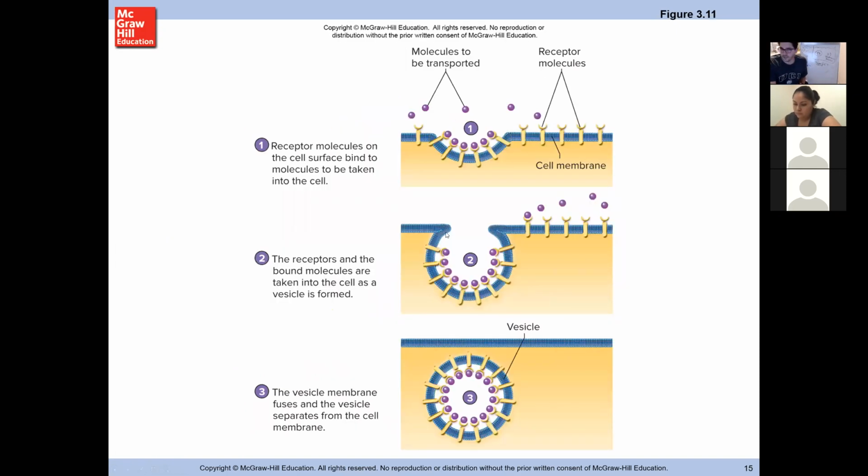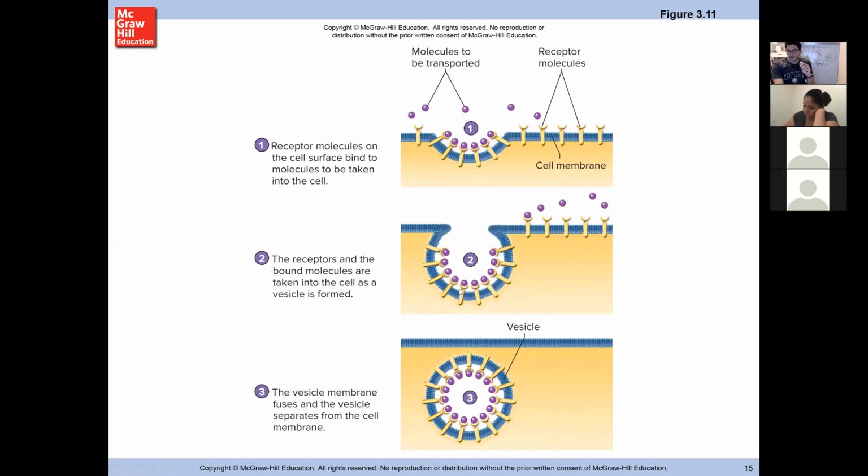Okay, and then this is an example of something that we call receptor mediated or carrier mediated. Actually, I would say for this, it's probably a better instance to use the word receptor, because each of these little molecules out here, these are proteins, but they've got specialized portions of them that respond to concentrations of a specific molecule. So this may be food, this may be some bacteria, we don't know.